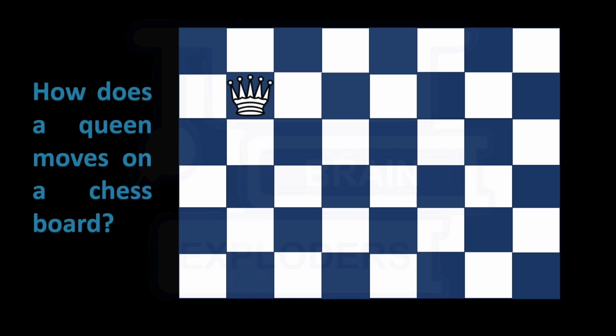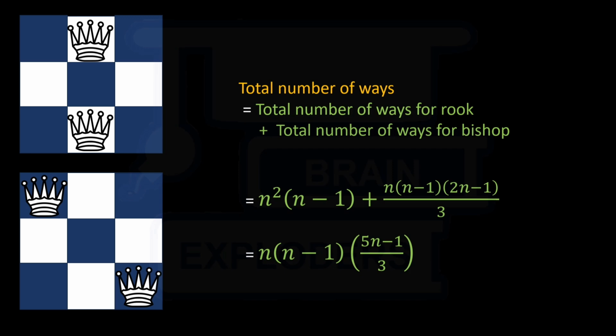So now let us count the total number of ways in which two queens can attack each other. What we will finally get is the total number of ways in which two rooks can attack each other plus the total number of ways in which two bishops can attack each other, because its moves are just the combination of the moves of rook and bishop, right?